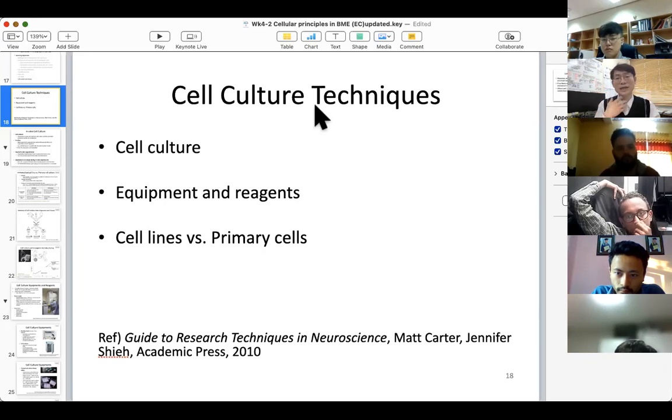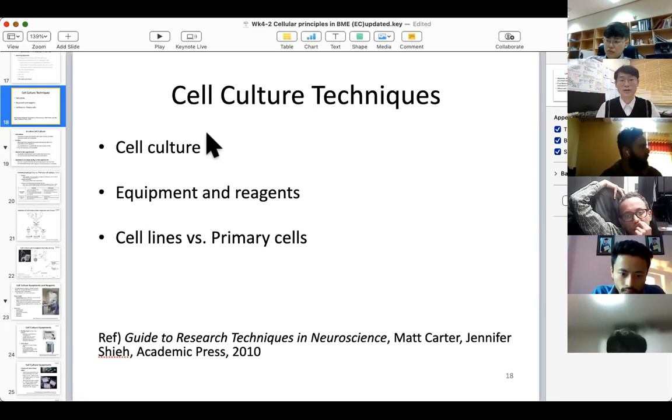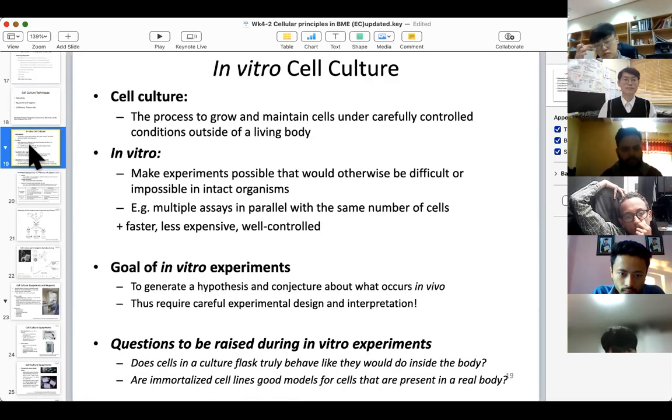Because in biomedical engineering, a lot depends on the study of cells and tissues and growing them outside of the body. And that technique has been providing good insight for our understanding. So that's cell culture and equipment. And I want to discuss cell lines and primary cells, and the references here.